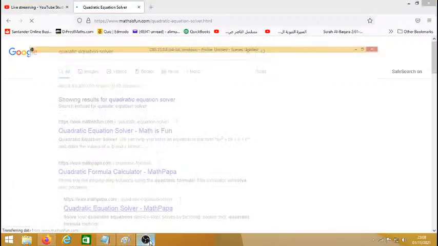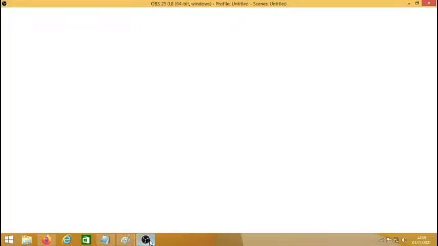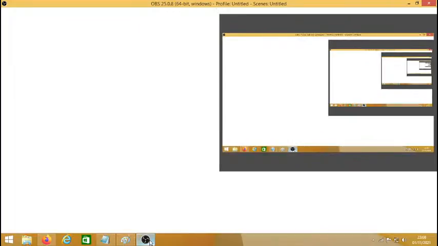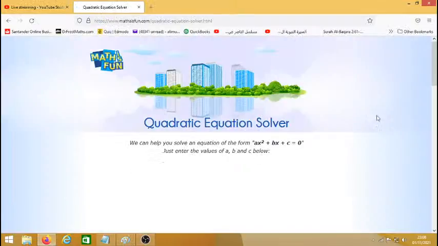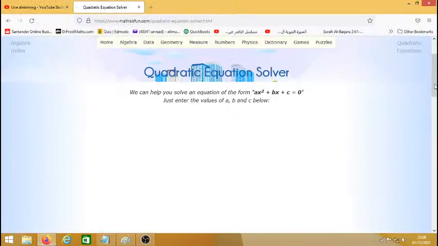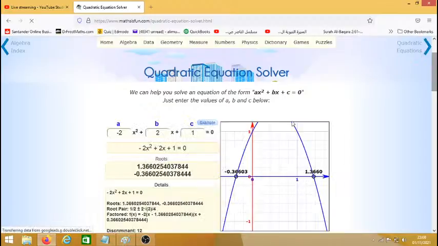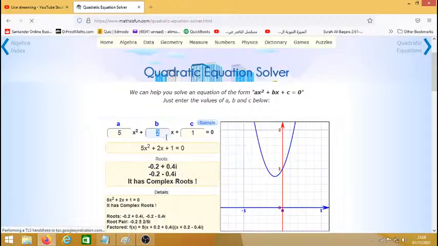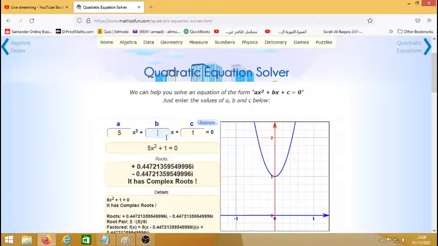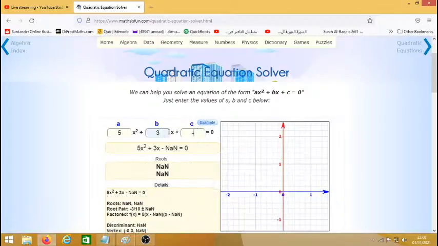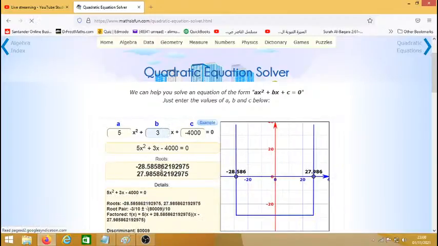You should get two answers. One of them would probably be negative. Remember, we can't have a negative. If they're both positive, then we're going to have to think a bit more carefully. Let's put them in. So we're going to have 5, 3, and minus 4,000. So that gives you a negative, which is minus 28, and a positive, which is 27.98.